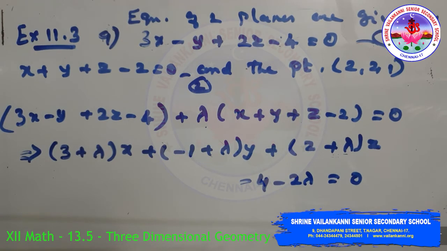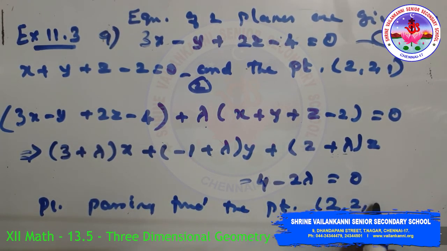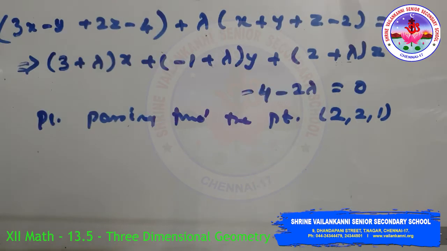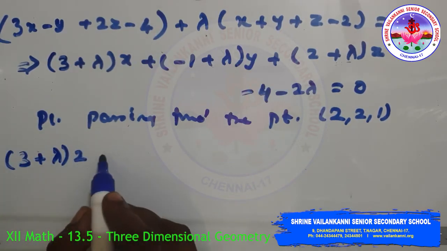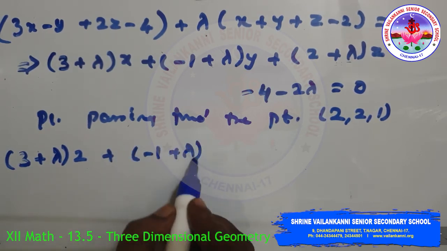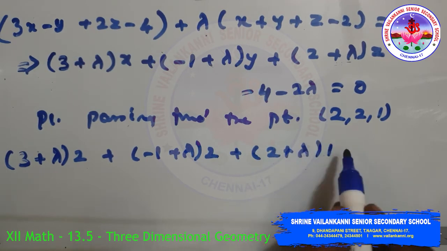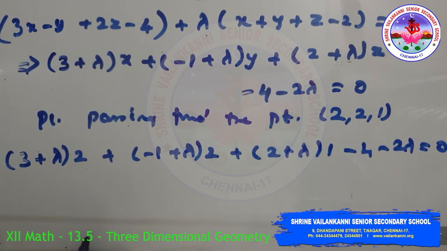If the plane is passing through the point 2, 2, 1. Substituting these points in this equation, we get (3 plus lambda) of 2 plus (minus 1 plus lambda) of 2 plus (2 plus lambda) of 1 minus 4 minus 2 lambda, which is equal to 0.